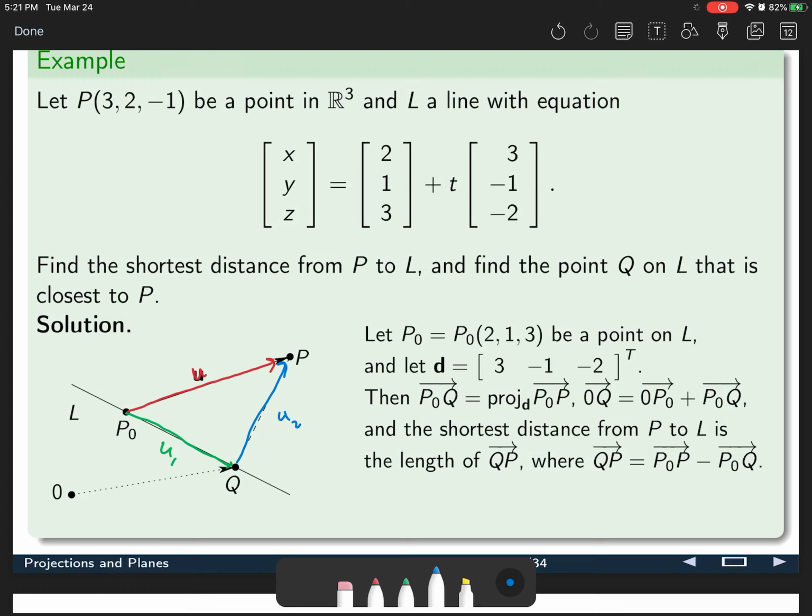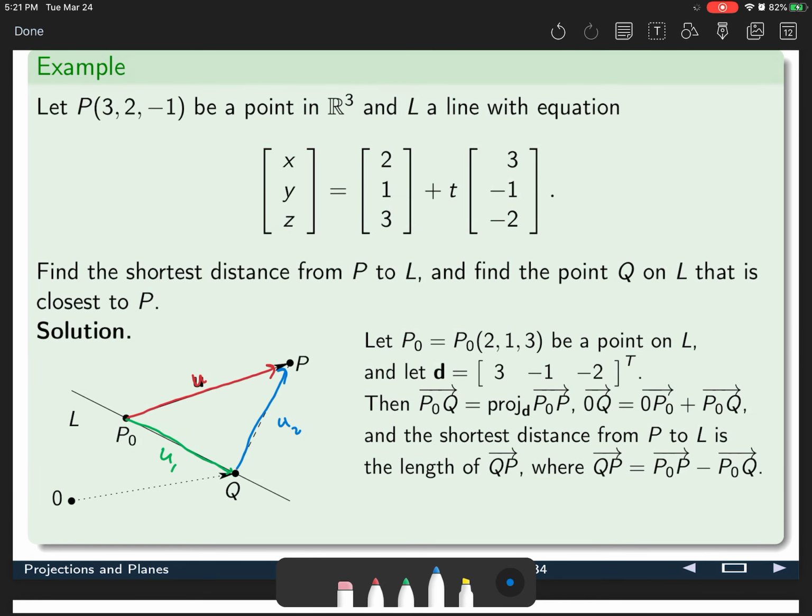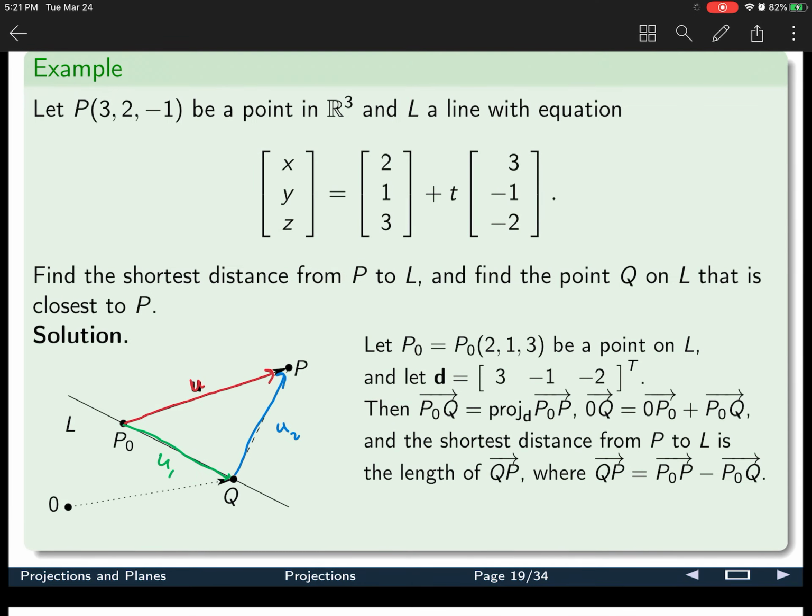I'll try to label all of these labels with P0s and Qs and all that kind of stuff, and it's a little bit confusing, but I'll try to make connections on the way through this. But yeah, we're really just going to be projecting u onto the line L, getting u1. If we add u1 to the vector 0, 0 p0, the origin to p0, basically the vector version of p0, then we'll get q.